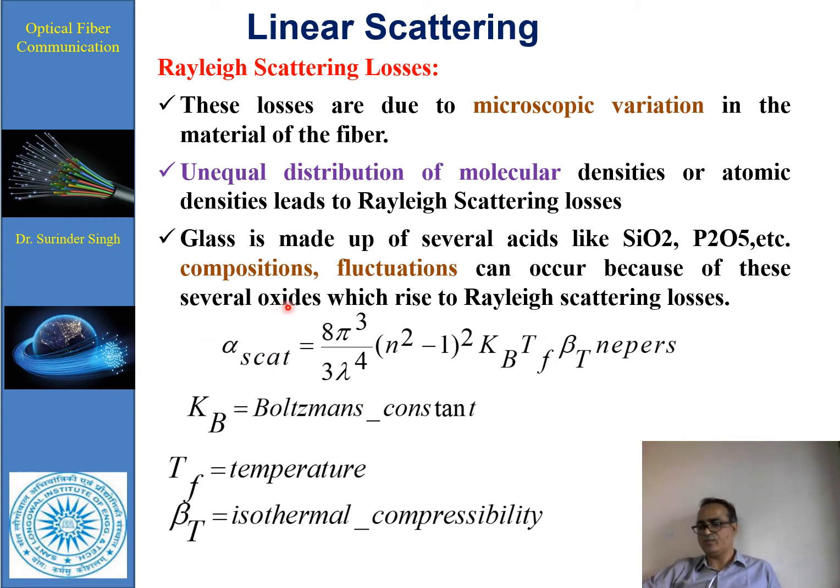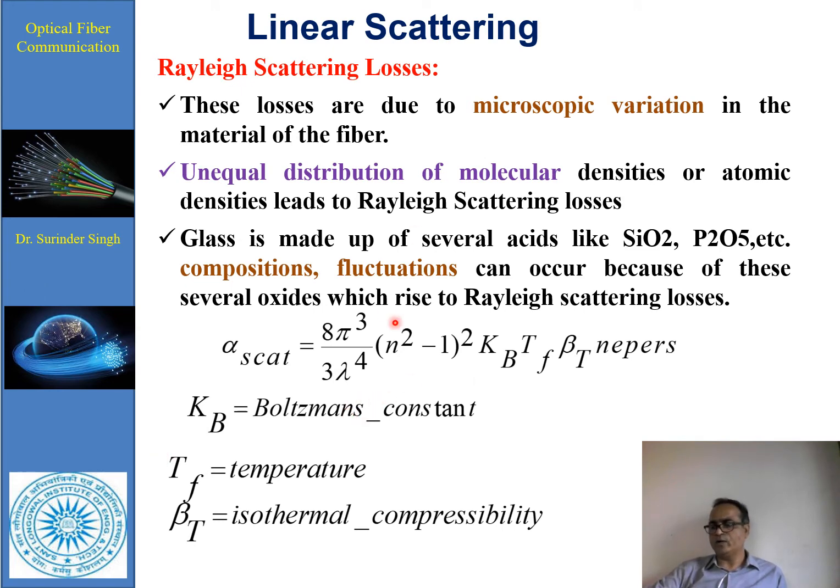This formula is for a single component glass, the Rayleigh formula, in which we use the parameter 8 pi cubed over 3 lambda 4, n squared minus 1 squared, kB, Tf, beta T. This gives the attenuation caused by the Rayleigh scattering loss, the alpha scattering value.